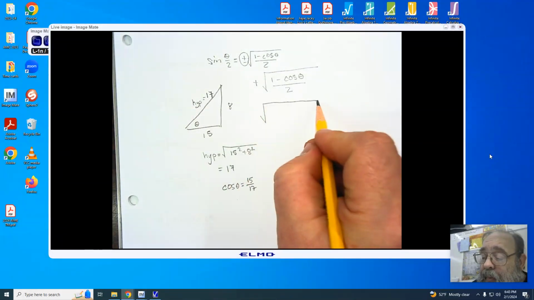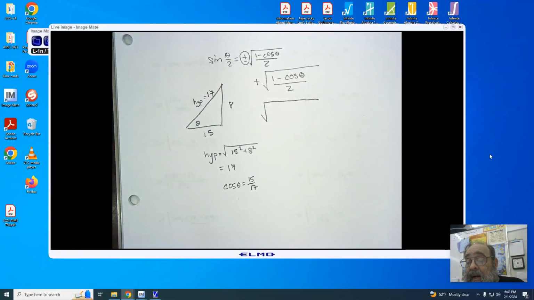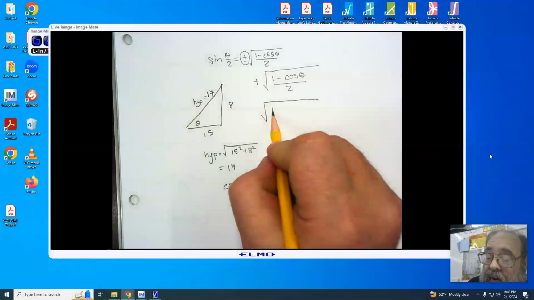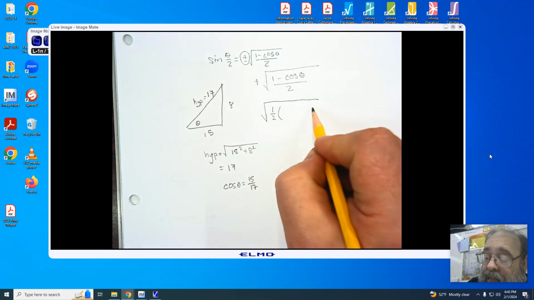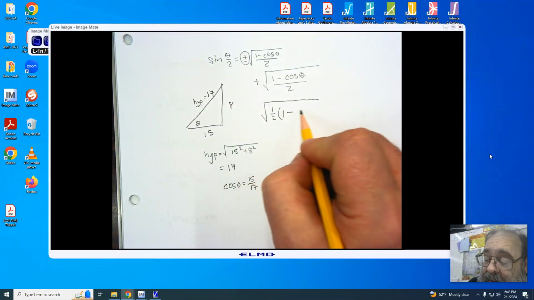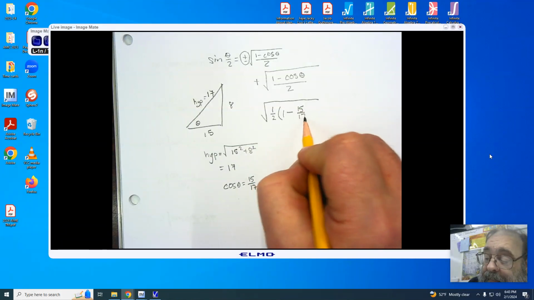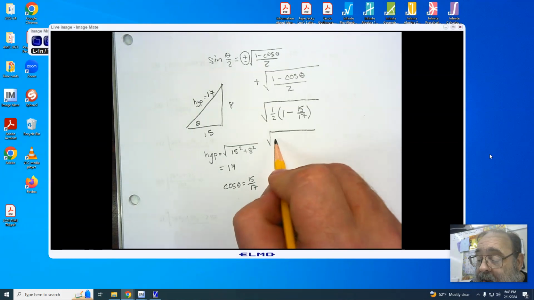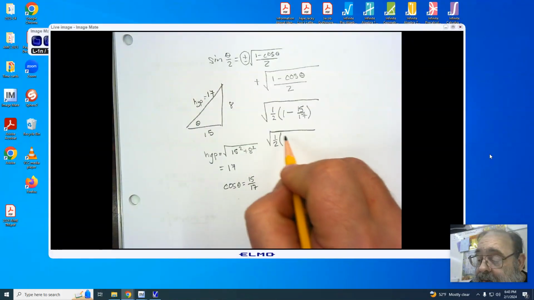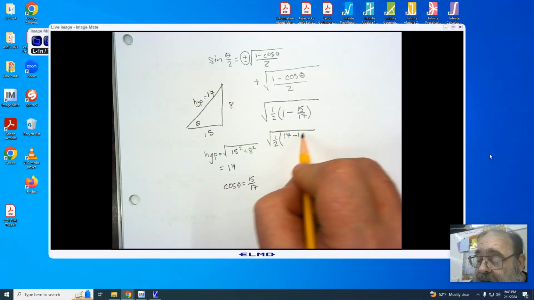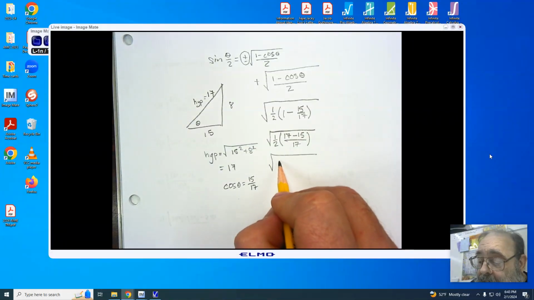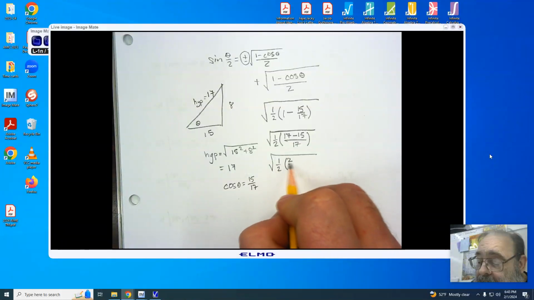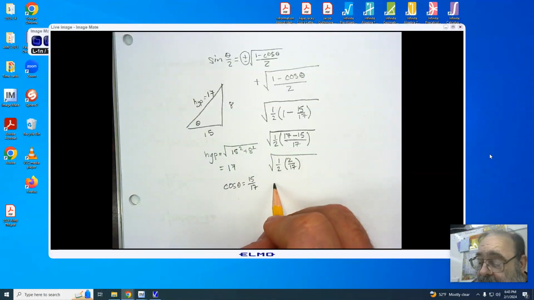Some people have expressed some frustration with the half that's happening in the denominator. One way that you can work with this is by putting the 1/2 out in front, and then just looking at 1 minus the 15/17. It's not great, but it does help. We're now going to get our common denominator. This is going to give me 17/17, which I can put all over 17. As I simplify it, I notice that the 1/2 multiplied by 2 over 17 is going to give me just the square root of 1/17.